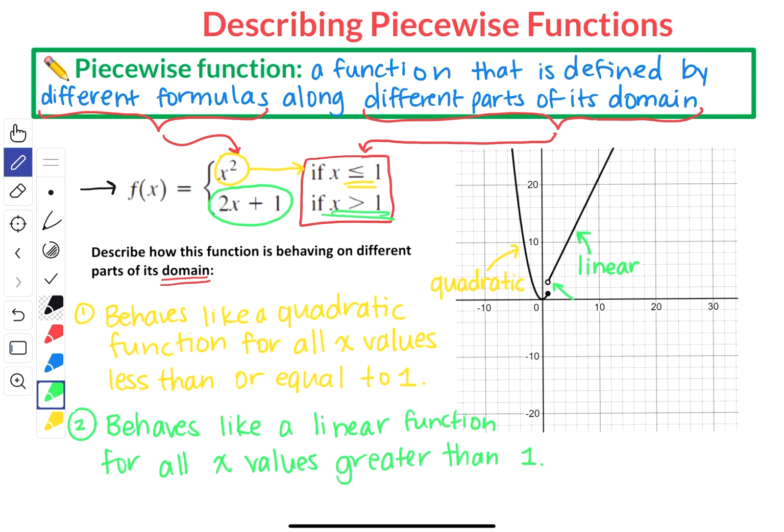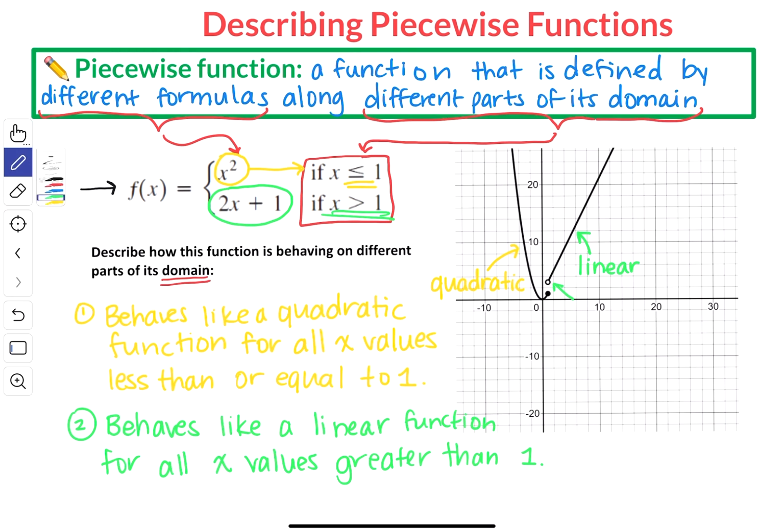So this is what we want you to start practicing today, is just being able to talk about what's happening to these piecewise functions at different parts of their domain. So I would recommend that you start off by taking a look at the graph itself, identify is part of this quadratic, is part of this linear, and then come back over.